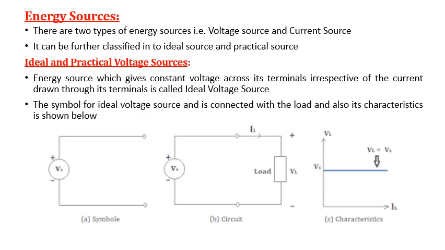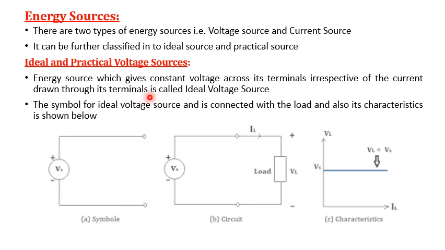Now let me discuss the energy sources. What do you mean by energy sources? These energy sources are very essential for an electrical circuit, whether it is a DC electrical circuit or an AC electrical circuit.